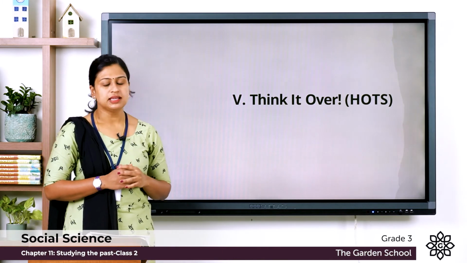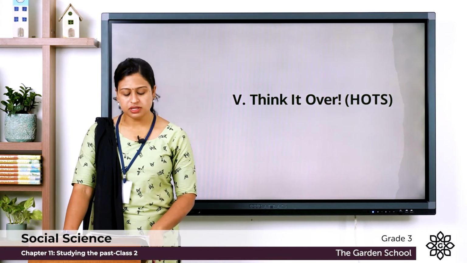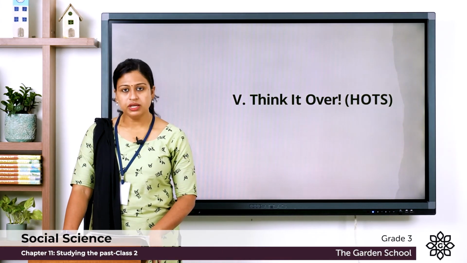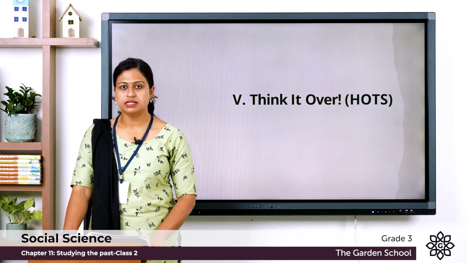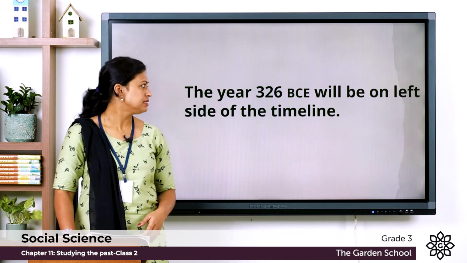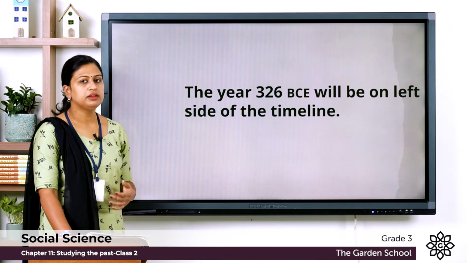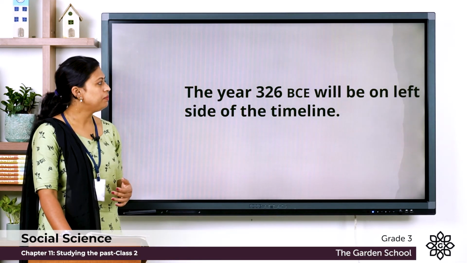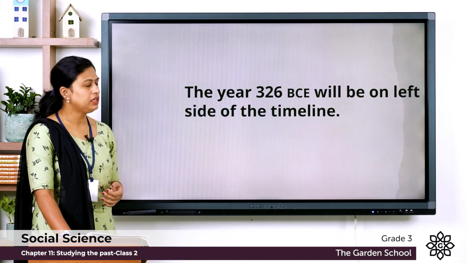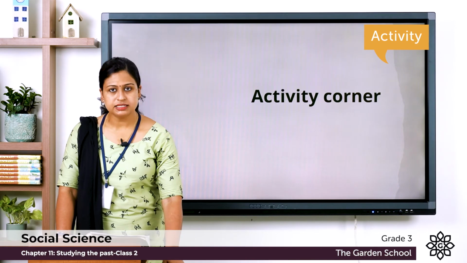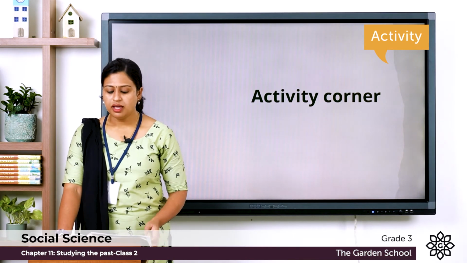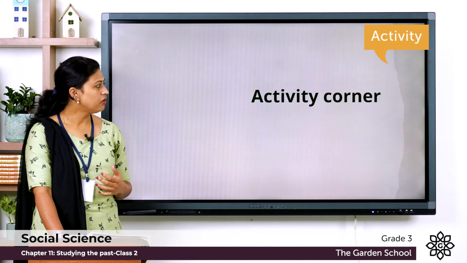Next exercise is think it over, and the question is, the year 326 BC will be on which side of the timeline? And the answer is, the year 326 BCE will be on the left side of the timeline. Now let's move on to the next part, that is activity corner, and here you can see 4 activities.